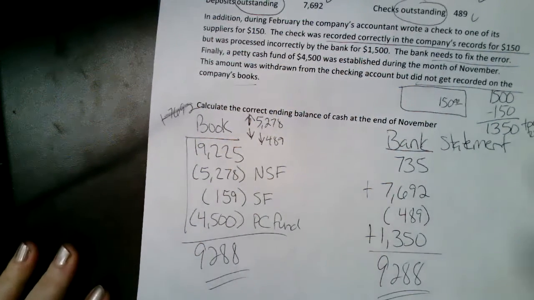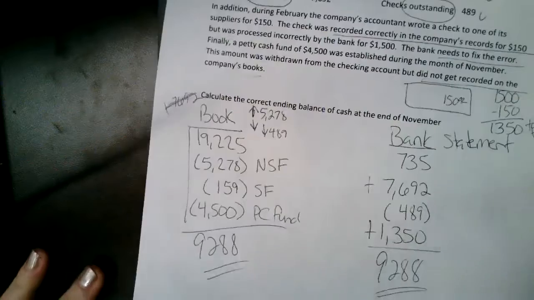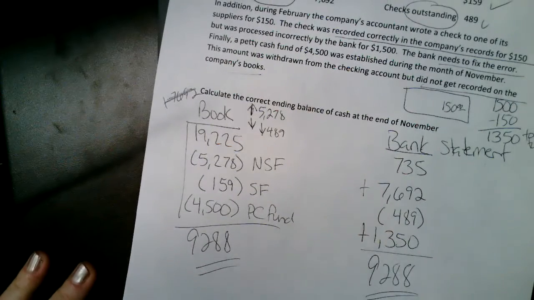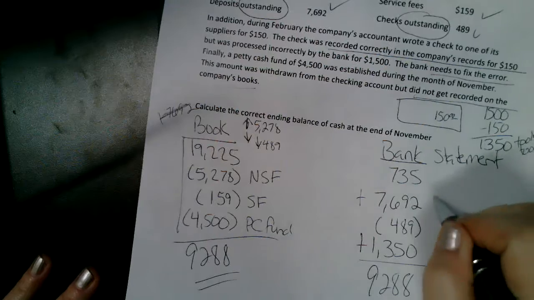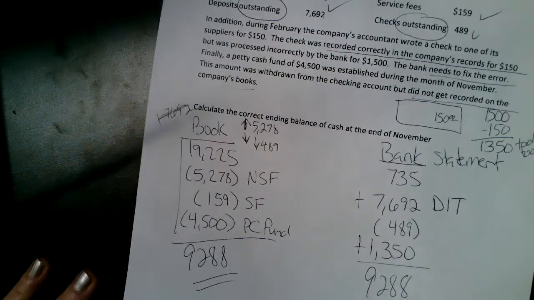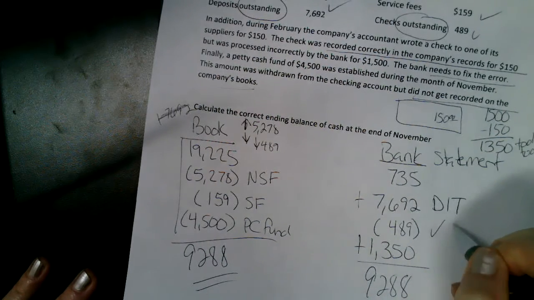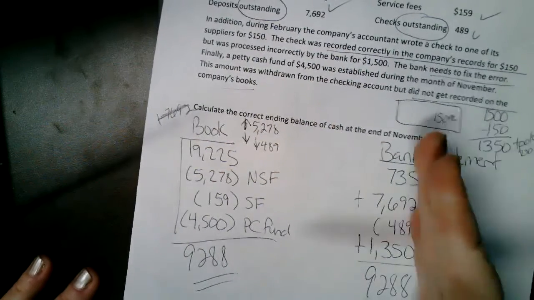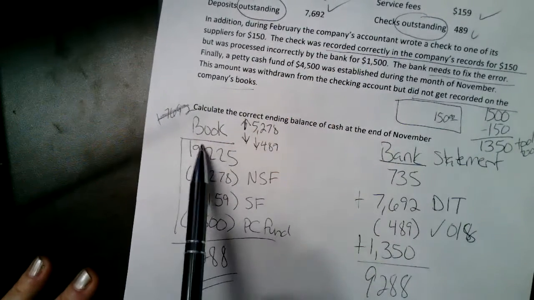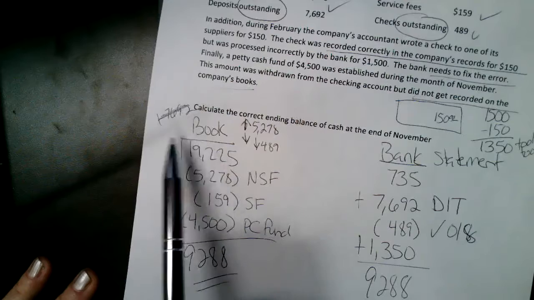So some tips I will tell you, you need to understand all that and get it, right? But some tips I'll tell you is that, let's see, I didn't write what these were. Our deposits outstanding, I call this deposits in transit sometimes, and our checks outstanding. These are always going to be on the bank side of things, because as soon as we, the company, make a deposit or write a check, we record it.